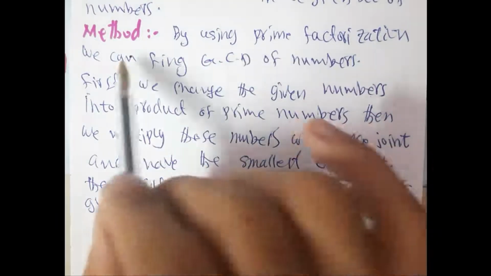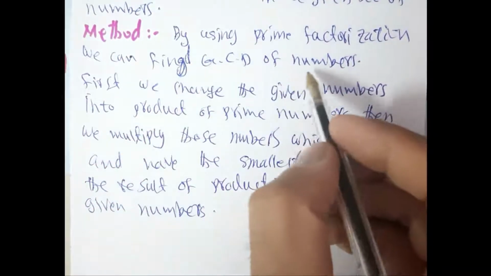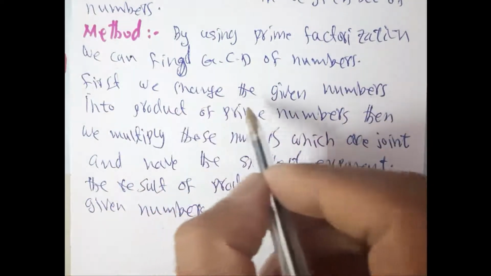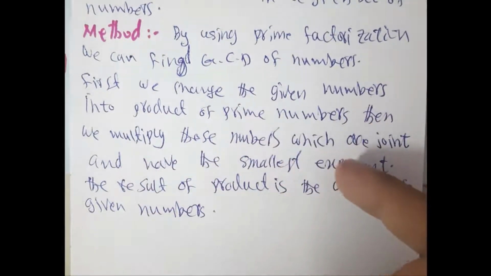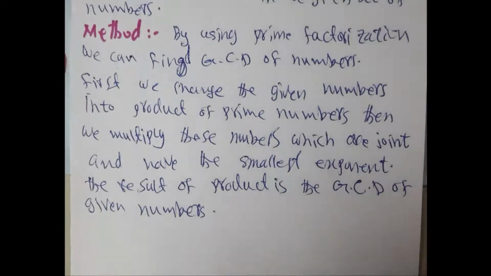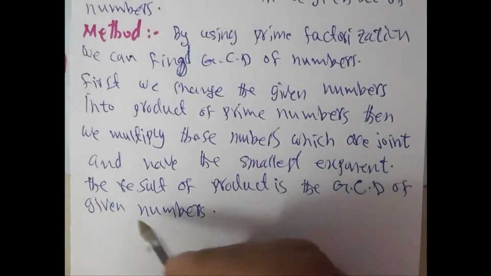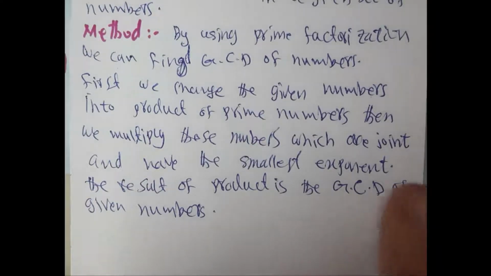By using prime factorization, we can find the GCD of numbers. First, we change the given numbers into a product of prime numbers. Then we multiply those numbers which are joined and have the smallest exponent. The result of the product is the GCD of the given numbers. When we are given 2 or 3 or more numbers and want to find their GCD, first we change each separately into prime factors.